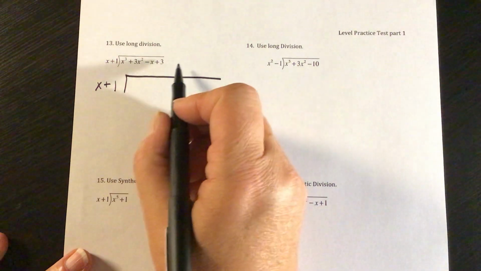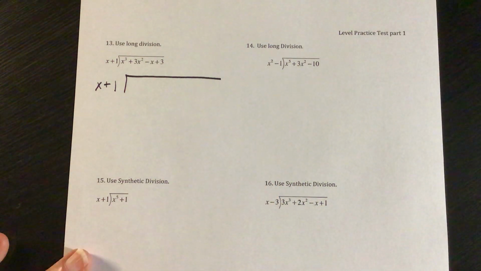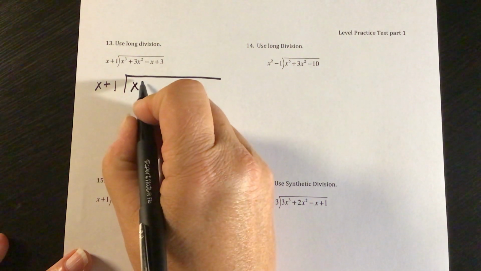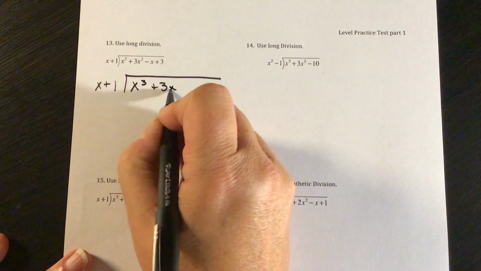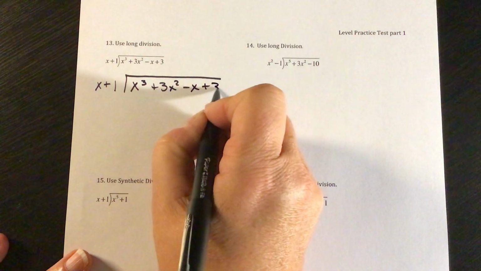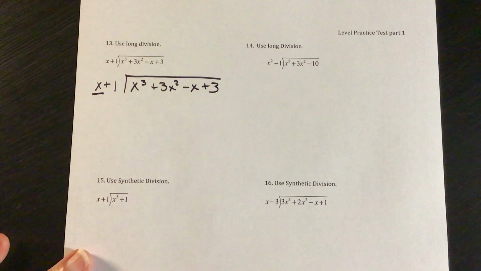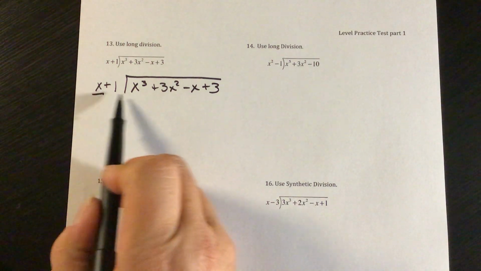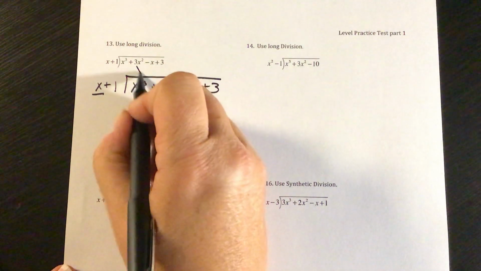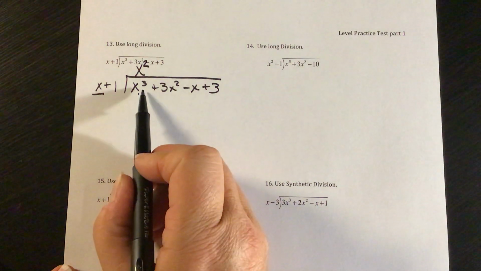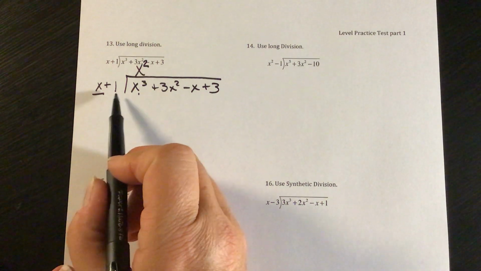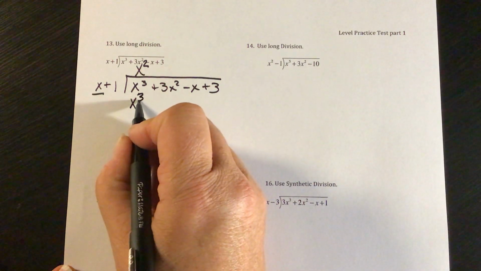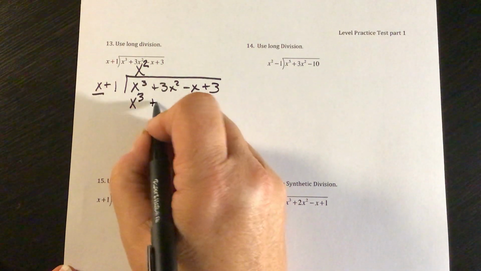So I don't have to add any placeholding zeros. And I can just do x to the third plus 3x squared minus x plus 3. So taking the first term of the number I'm dividing by, I multiply that by x squared to get x to the third. Then I multiply both terms by x squared, so I get x to the third plus x squared.